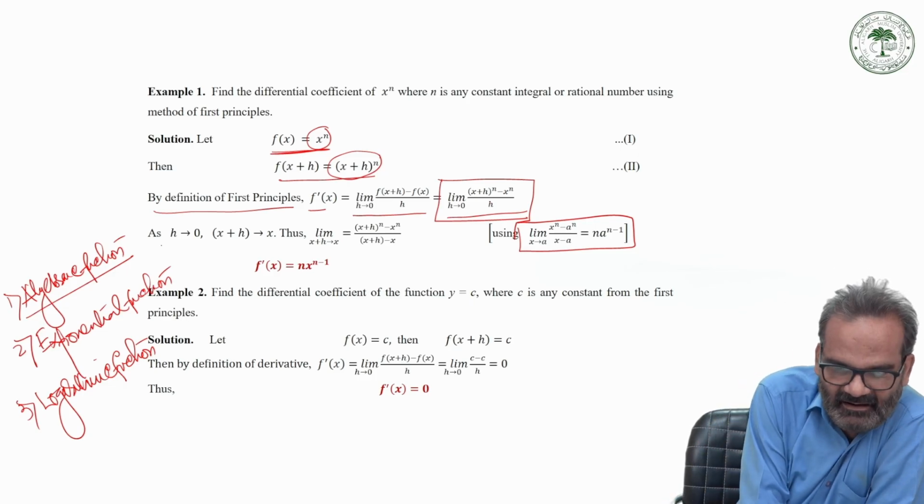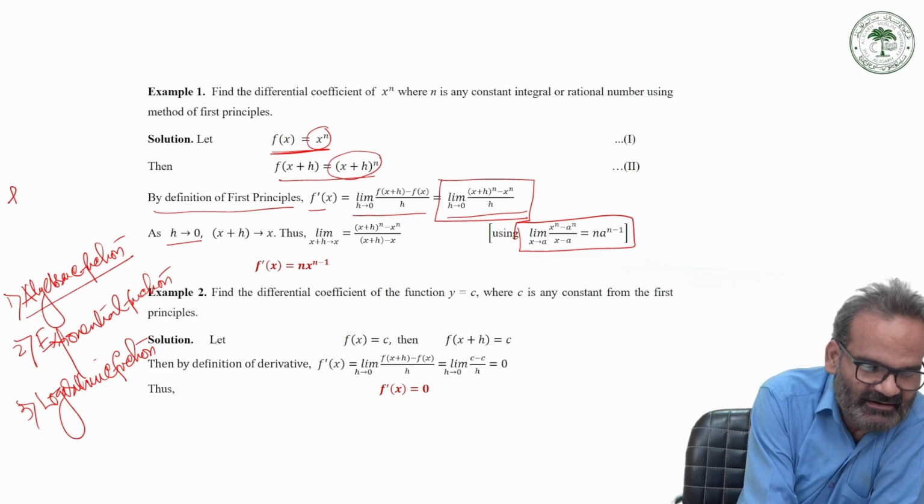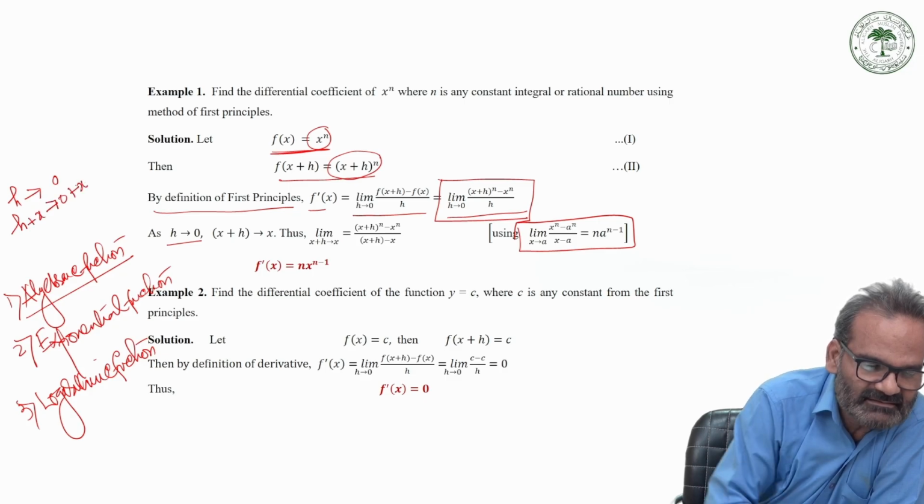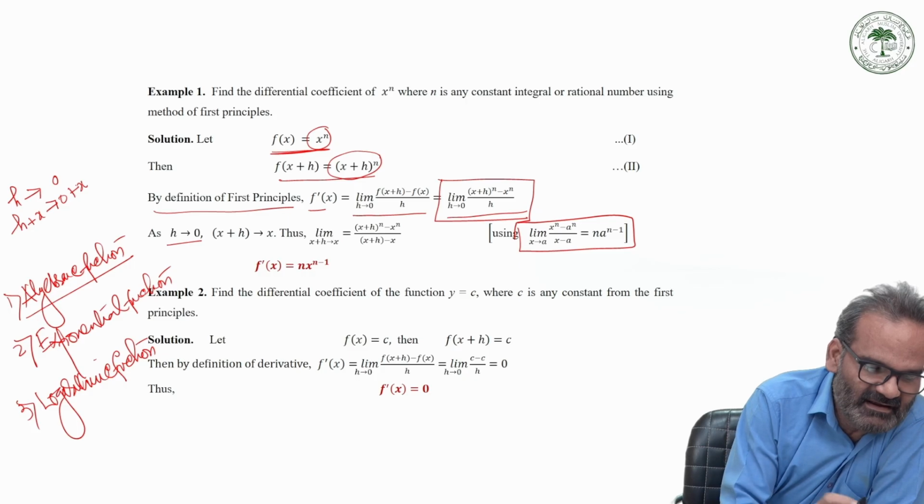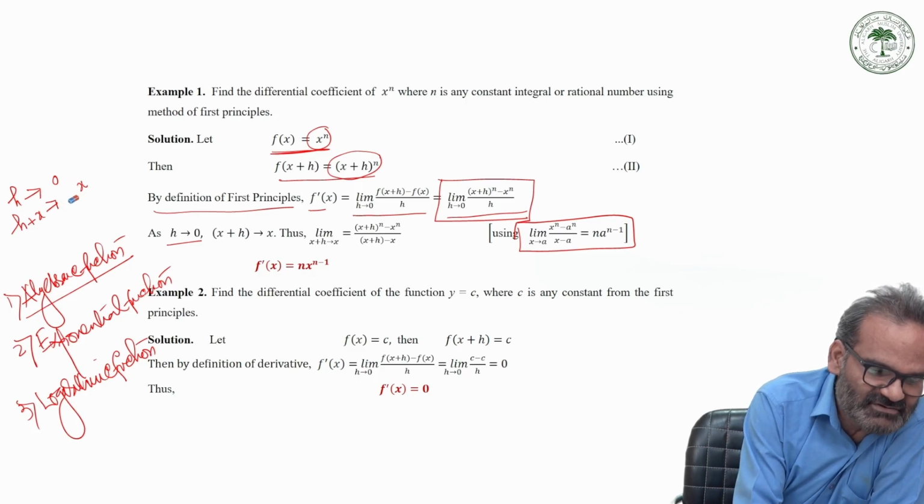See here, we know that as h tends to 0, naturally, we are adding a number on both sides, so x plus h will also tend to x plus 0. So x plus h will tend to x, right?